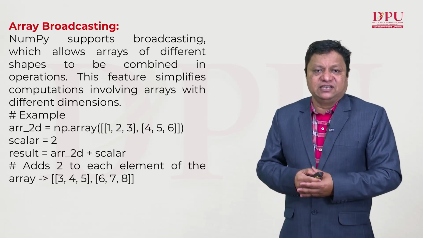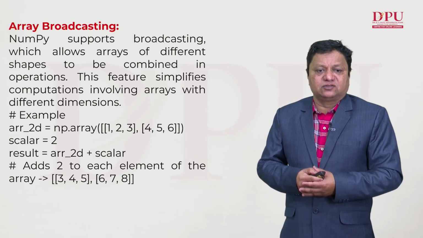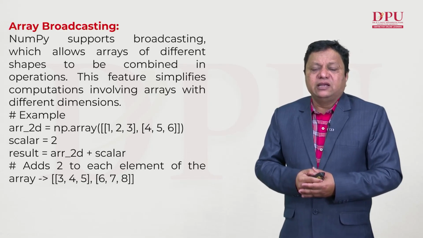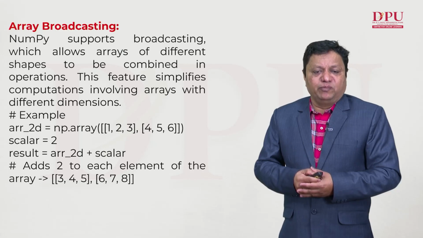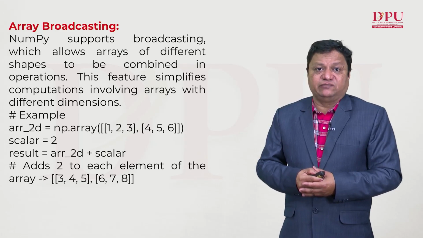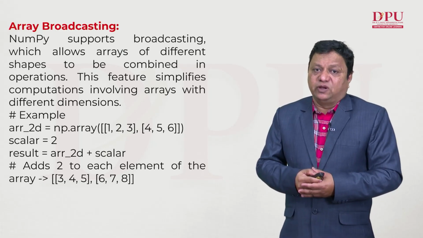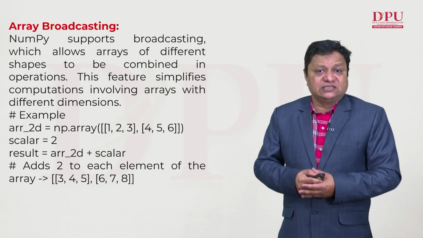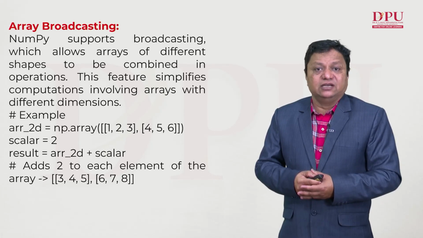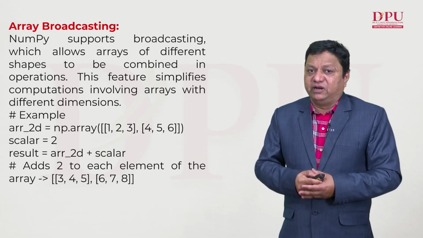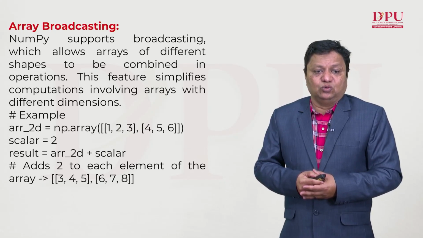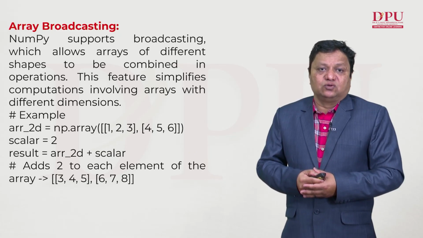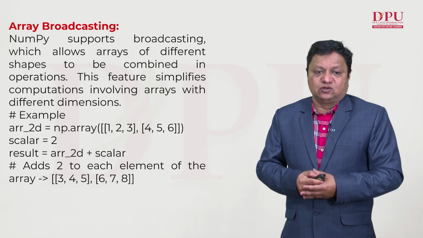For example, if I say arr_2d is equal to np.array, and in the square brackets I pass 1, 2, 3, and again in square brackets 4, 5, 6, and if I say scalar is equal to 2, the resultant array is equal to arr_2d plus scalar. So what it will do?